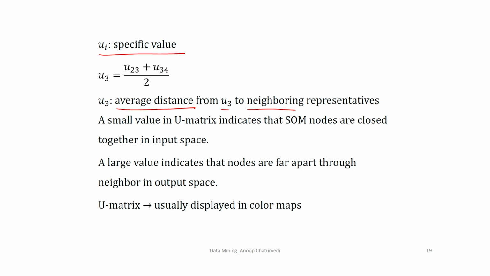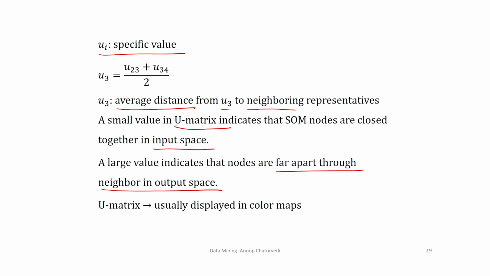Then a small value in U matrix indicates that SOM nodes are close together in input space, and this actually indicates the presence of some cluster, and large value indicates that nodes are far apart through neighbor in output space.